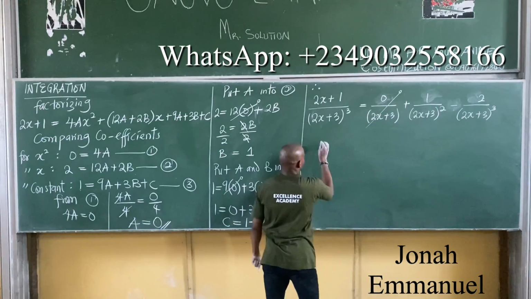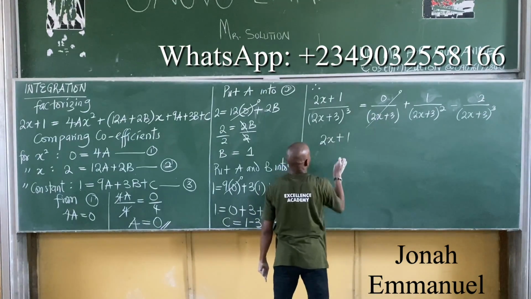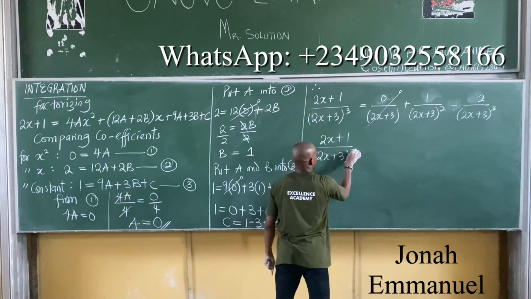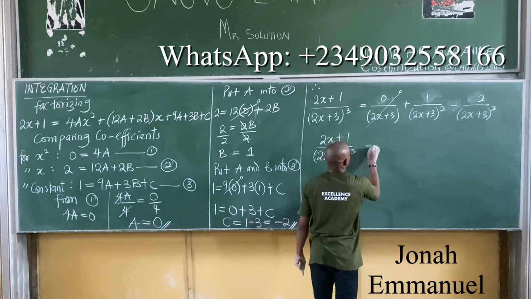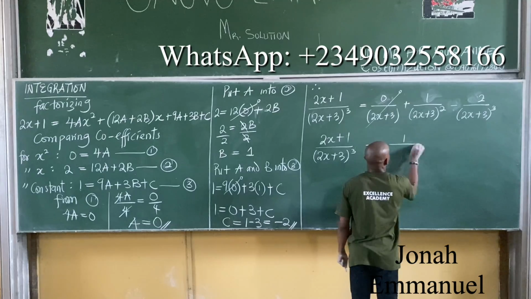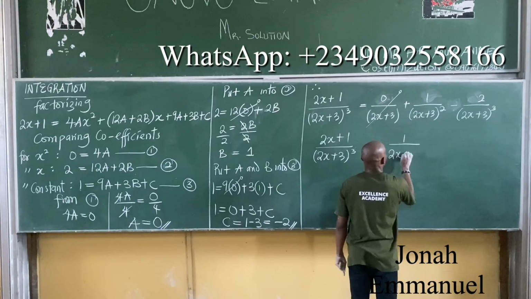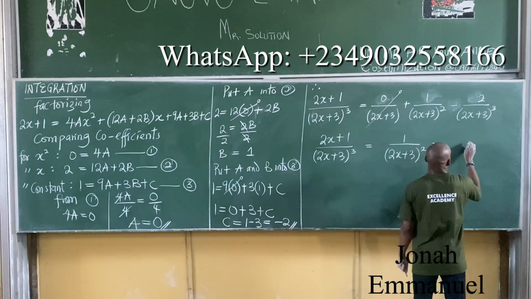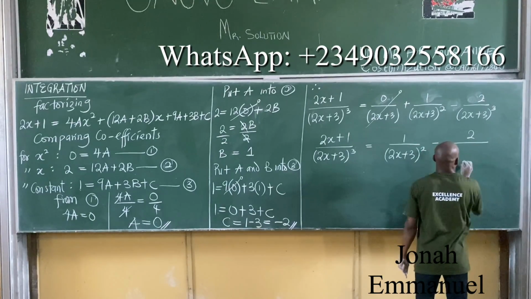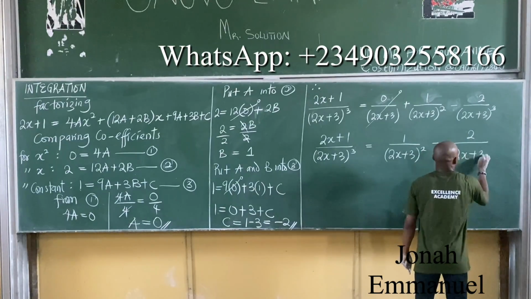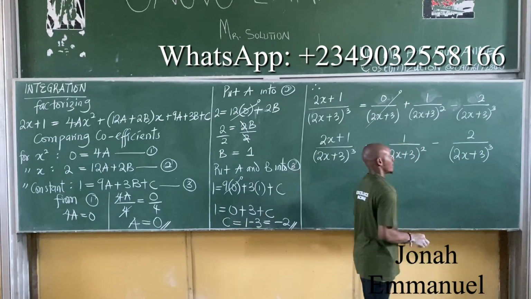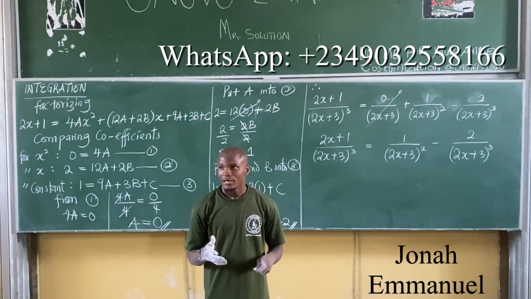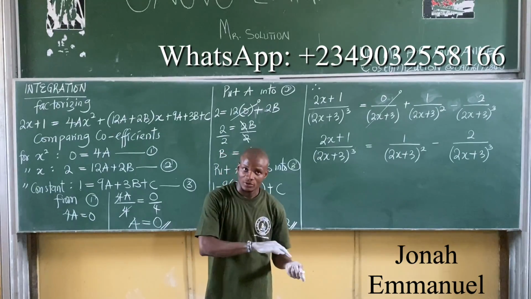So hence I'm left with (2x plus 1) all over (2x plus 3) all cubed is equal to 1 all over (2x plus 3) squared minus 2 all over (2x plus 3) cubed. At this point, I have not started solving. I only resolved into partial fractions.